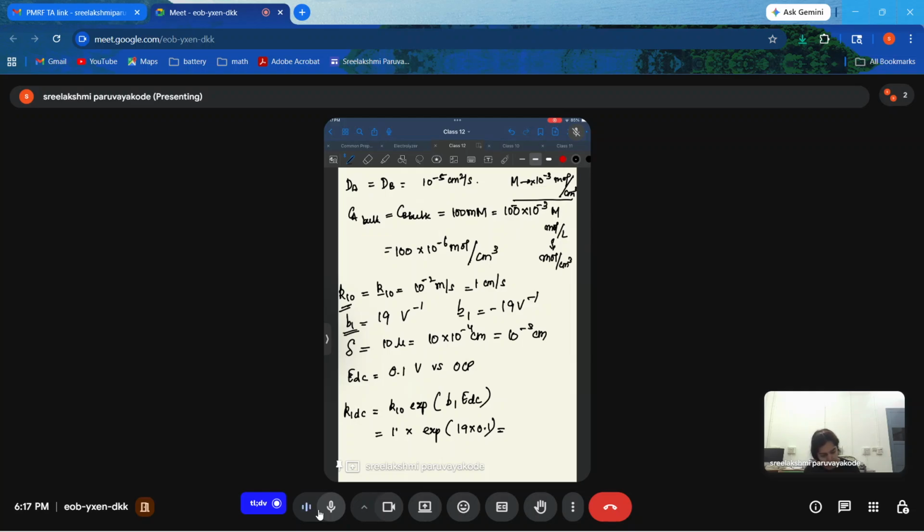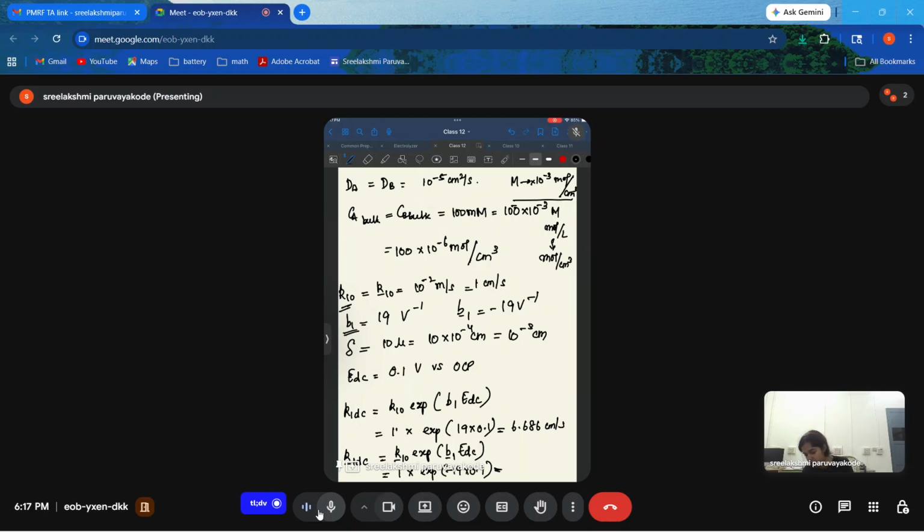So I am getting a value of 6.686 centimeter per second. Please cross check. Okay. Now k minus 1 at DC equals k minus 1 at 0 times exponential of b minus 1 EDC. So k minus 1 is 1 times exponential of minus 19 times 0.1.